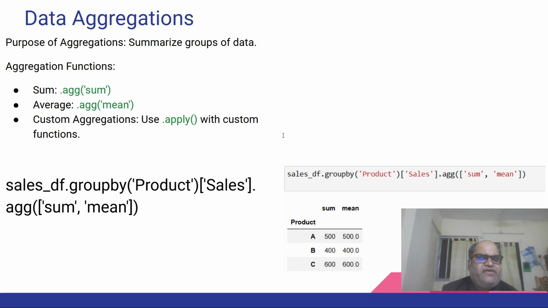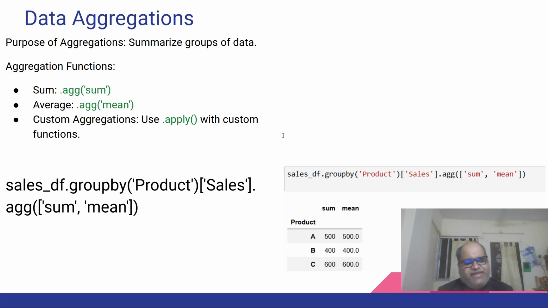The GroupBy function in Pandas is a very flexible and versatile utility for aggregating data. So if you have sales data, you can group it by, say, region or product categories to analyze trends, and that can enable you to uncover insights like sales by region, or average sale per product, or those kinds of things.